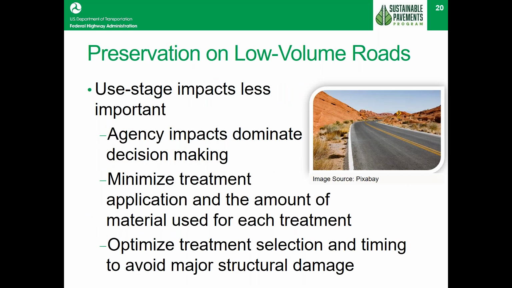So let's make a distinction between preservation on low volume roads and high volume roads. When we have a pavement on a low volume road, the use stage impact is less important than, for example, the agency impact. Thus, we could expect that the agency impact will dominate the decision-making process.